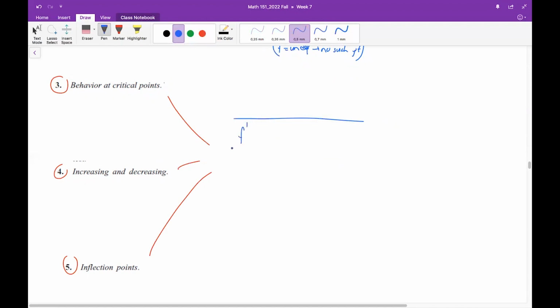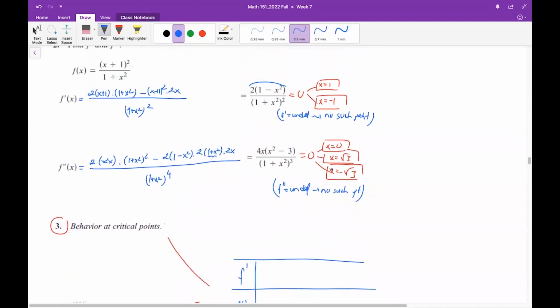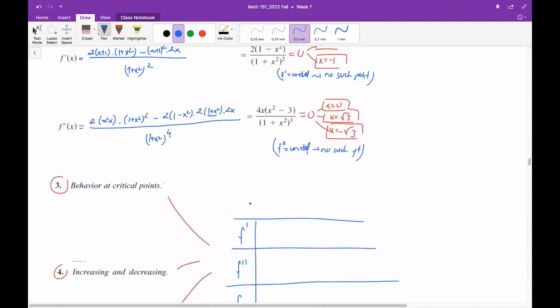The first row will include information about the first derivative. The second row will be about the second derivative, and the third row is for f. Now, on this table, we will insert all those critical points in order, okay? So let's start from minus infinity. Then I think we have minus square root 3 here.